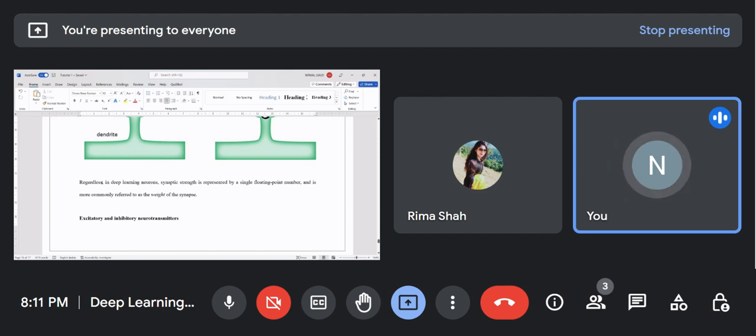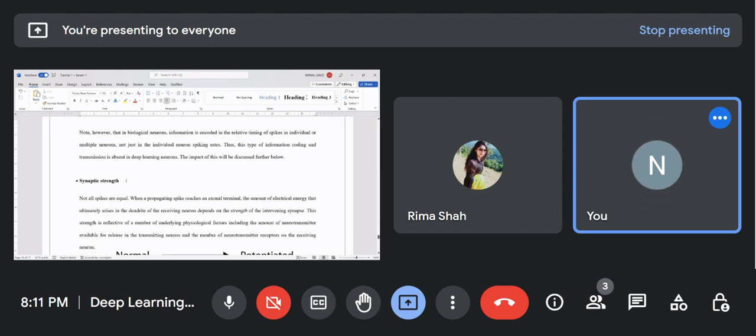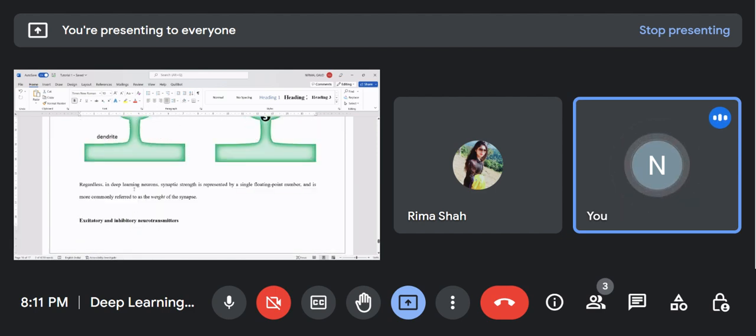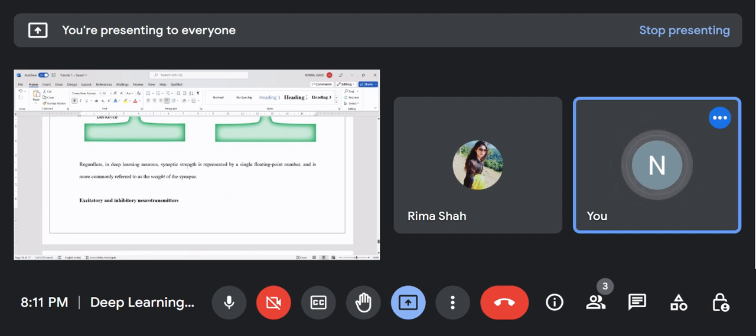If we talk about synaptic strength, ultimately it is represented by the weight. So whatever input we take, we multiply it by the weight, and it is represented by a floating point number, though not the complete thing, because it depends on how many transmitters and receivers there are, and whether the proper signals have been transmitted or received or not. Obviously there will be loss of energy.